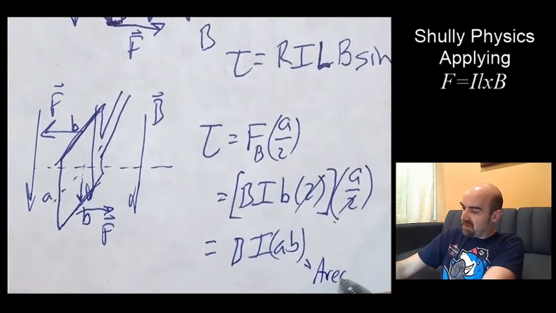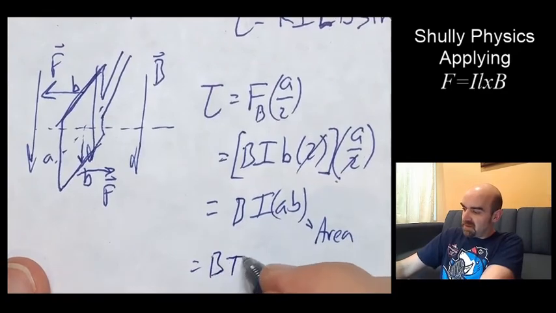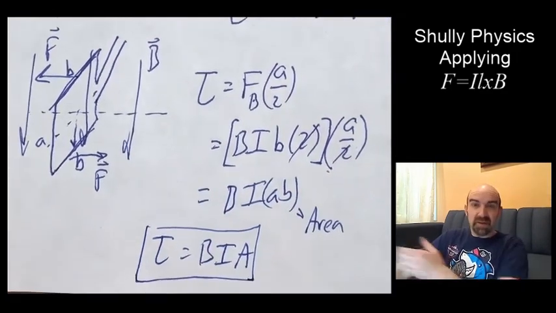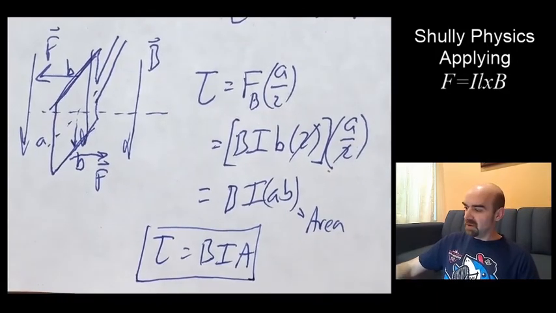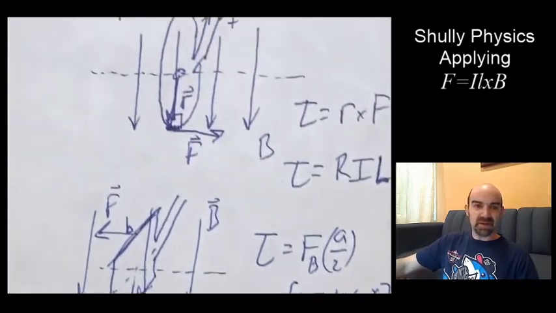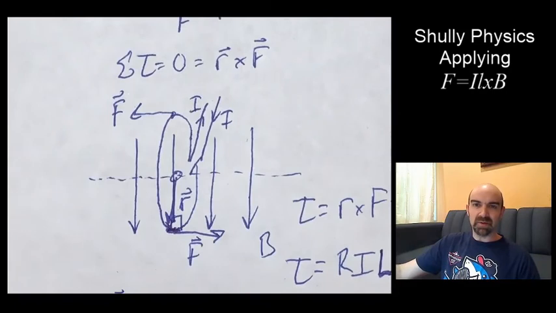So we might also say that the torque is the magnetic field times the current times the area. Now it's easier to translate that up to this current loop. We take the area within that loop, which might more approximate the torque on the loop.